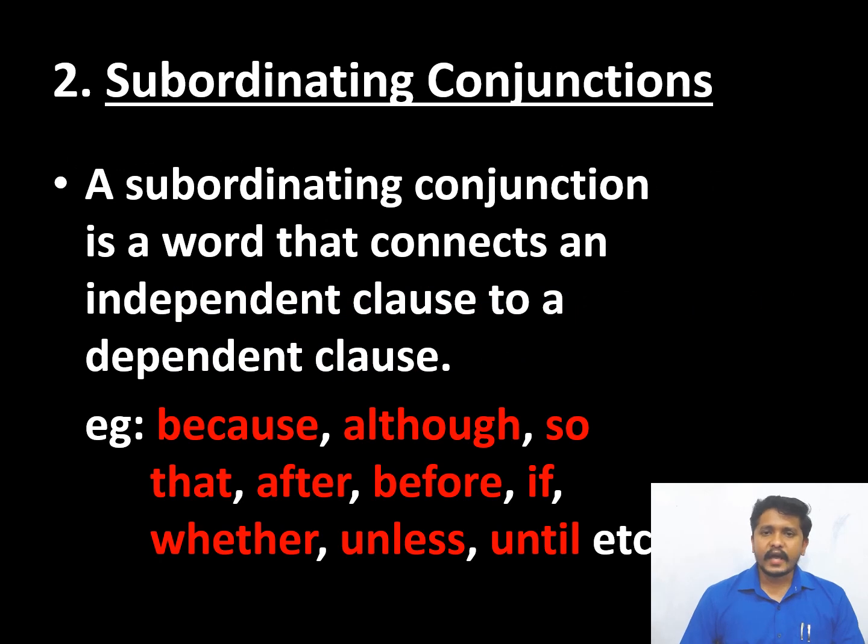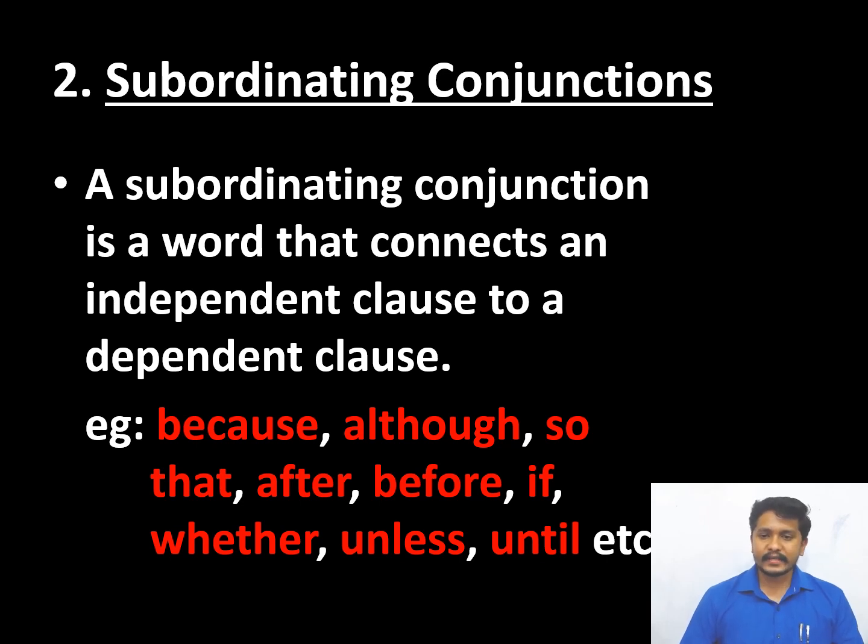Now, the second type of conjunction is the subordinating conjunction. A subordinating conjunction is a word that connects an independent clause to a dependent clause. So many times we were talking only about independent clauses. Now we have to learn about the dependent clause. The word itself gives meaning. Dependent means depending upon something.